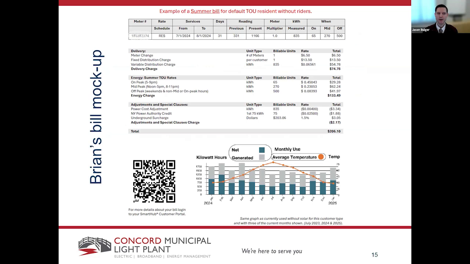It breaks it out into generated versus net usage for somebody who has solar. It maintains the temperature line chart embedded on it so that people can see what the temperature looked like. There's a QR code to provide more information, and up above, the breakouts of how he envisioned the different line items for delivery, energy, and then adjustments like the power cost adjustments and the NYPA credit.